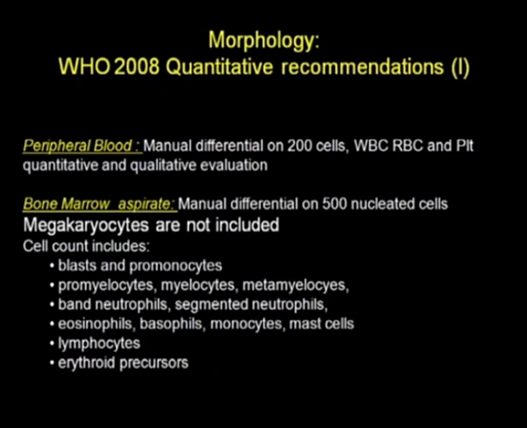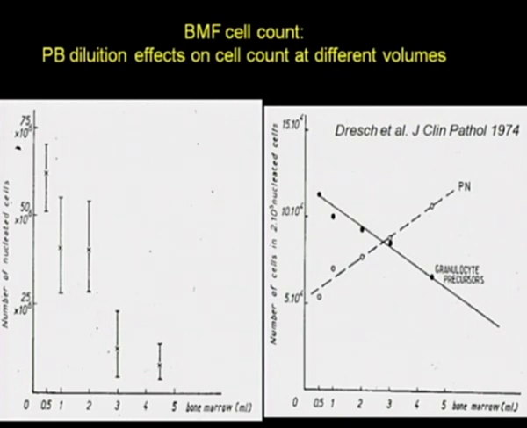Megakaryocytes obviously are not included, but this is well underlined in this document, and this is the first time that a document prepared for clinicians includes a recommendation that already existed in the documents of the International Council for Standardization in Hematology, such as the ICSH. But now these recommendations are included.